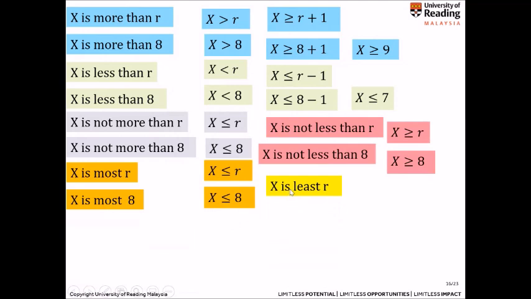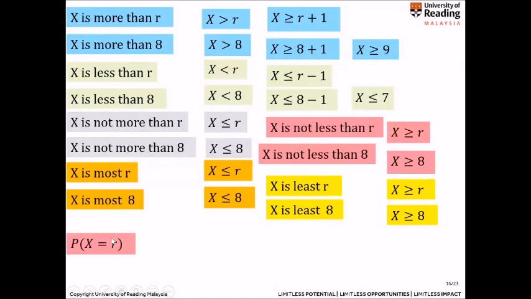X is at least r, so you have x greater or equal to r. X is at least 8, so you have x greater or equal to 8. X equal to r, you will use this one.